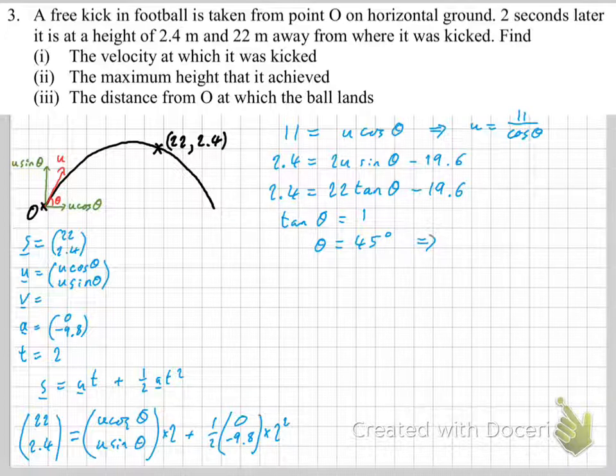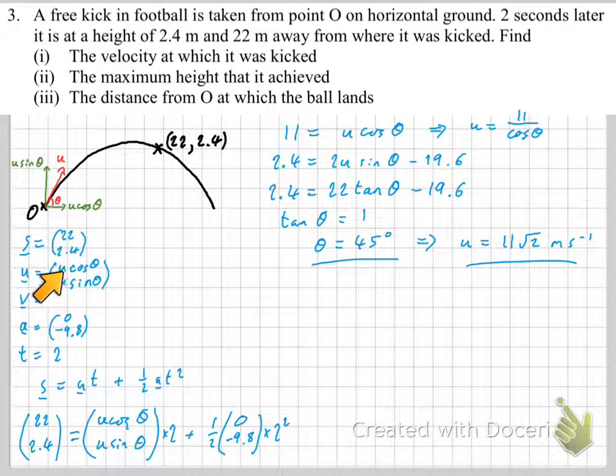We know the direction now, and substitute that in here to get simply u equals, this one here, u equals 11 divided by cos 45, which works out to be exactly 11 root 2 meters per second. So you could give your answer like that, but even better, let's substitute those values into here. This is what it asked for, wasn't it?